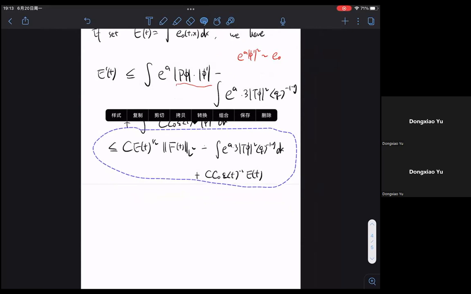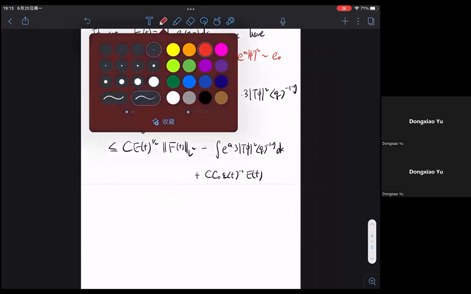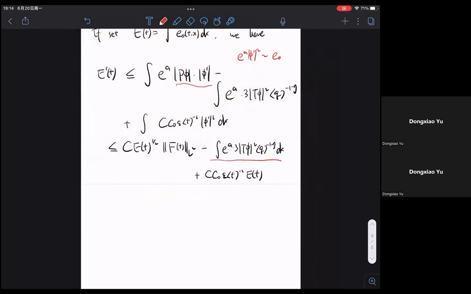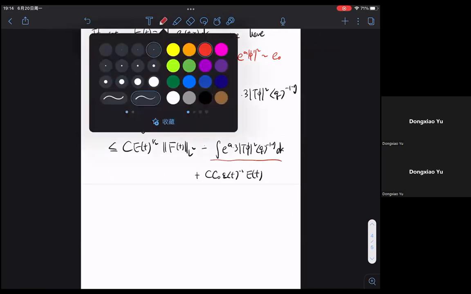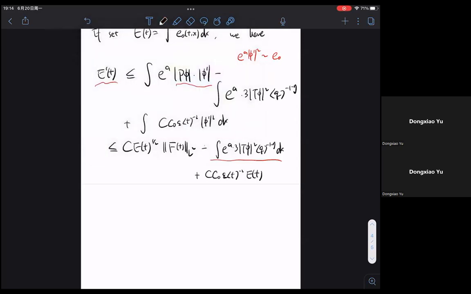Okay, so now we can finish the proof. You see that this circle part is exactly the same as what we have on the left-hand side of the energy we want to prove. And we also have the usual energy we had before. So one way to finish the proof is, again, to use the Gronwall inequality.